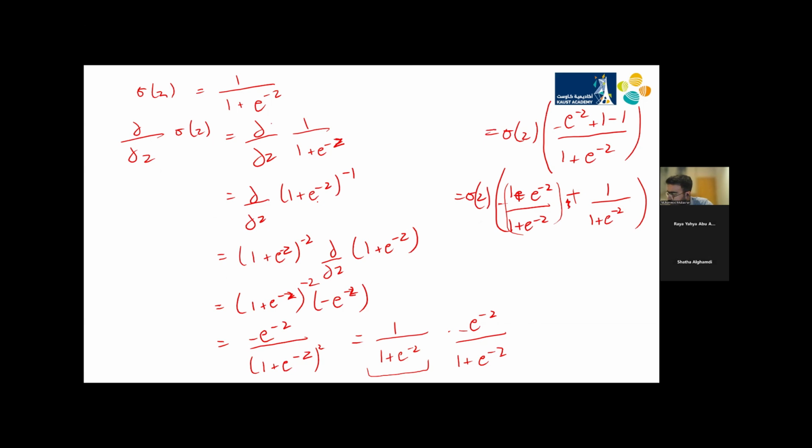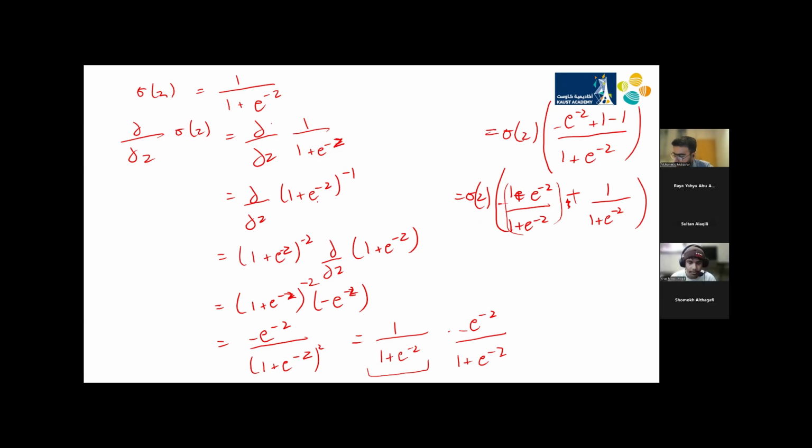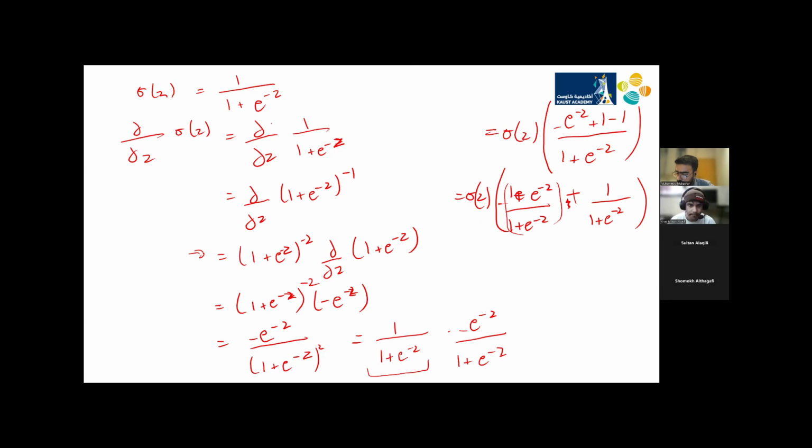I think you forgot the negative sign from the derivative of the parentheses, 1 plus e to the negative z. In the third step, you forgot minus here because it's minus 1 above.